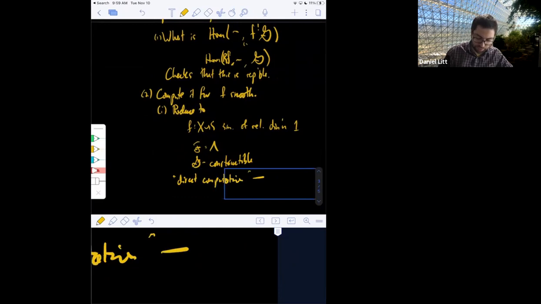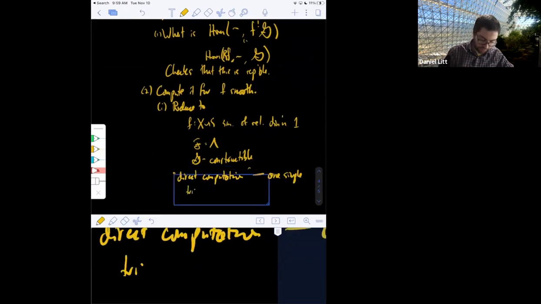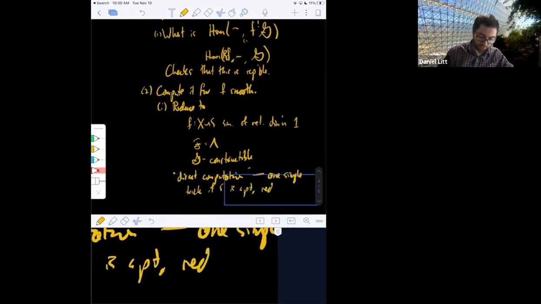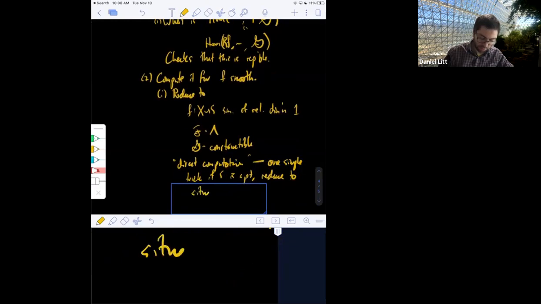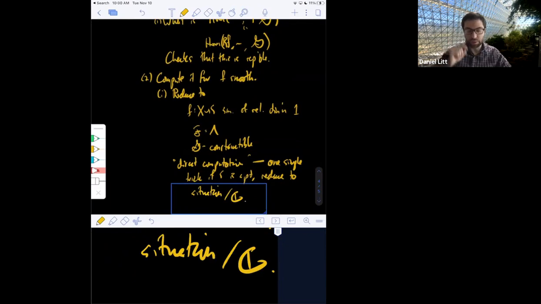But one simple trick is that at least if S is a point, we can actually reduce to the situation over C. Why is that? Well, we've already proven a bunch of comparison theorems between étale cohomology in this setting and the analytic situation.